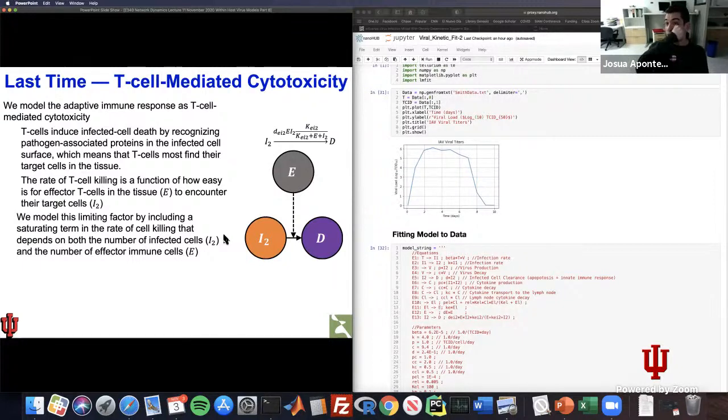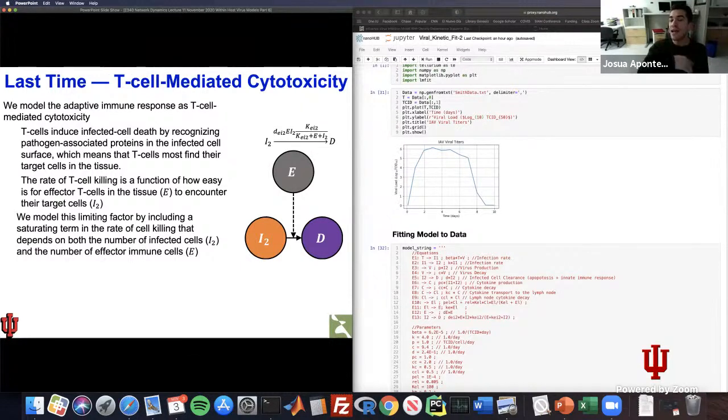These cells scan the tissue, looking at specific molecules that the cells display on their surfaces, and when they recognize the molecules associated with the virus, they induce apoptosis, or cell death, on those cells they recognize as infected.